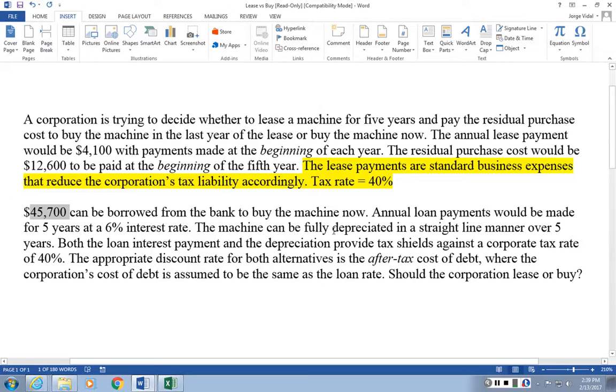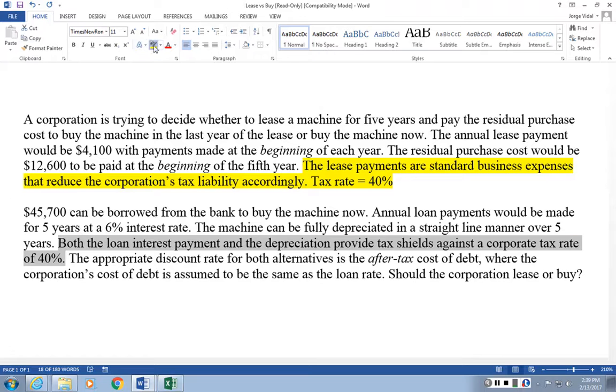The machine will be fully depreciated in a straight line over 5 years. The loan payment, and again, this is important, loan payment and depreciation provide tax shields against the corporate tax rate of 40%. So because it's a company, they can also reduce the tax bill with the depreciation expense and the interest expense.